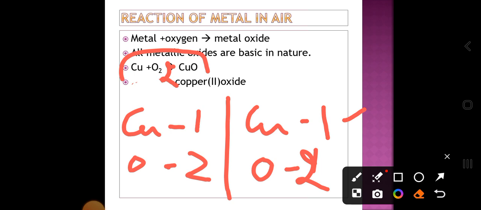But when you see copper, copper is not balanced because I have two atoms of copper on the product side and I have only one. So that's why I will write 2 beside copper. So now the balanced equation will be 2Cu plus O2 giving rise to 2CuO. So this will be the balanced equation.